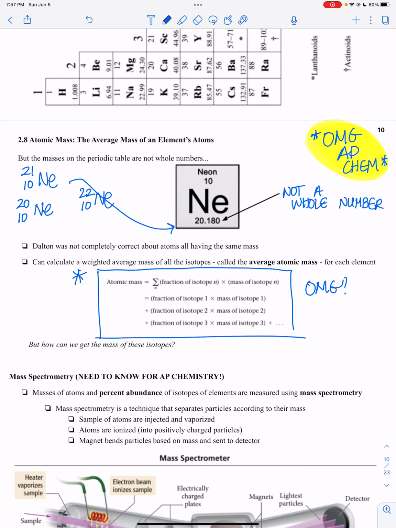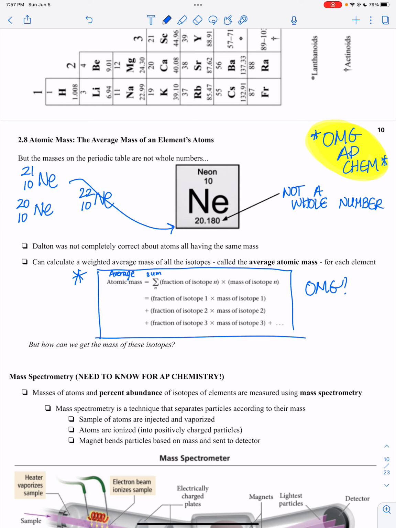OMG. And so I'm going to read through it, and then you're going to see examples of me using this. If I want to get this atomic mass, I'm going to call it an average atomic mass. It's the sum, that's what that big symbol that looks like an E is, of all of the fraction of the isotopes times the mass of the isotope.